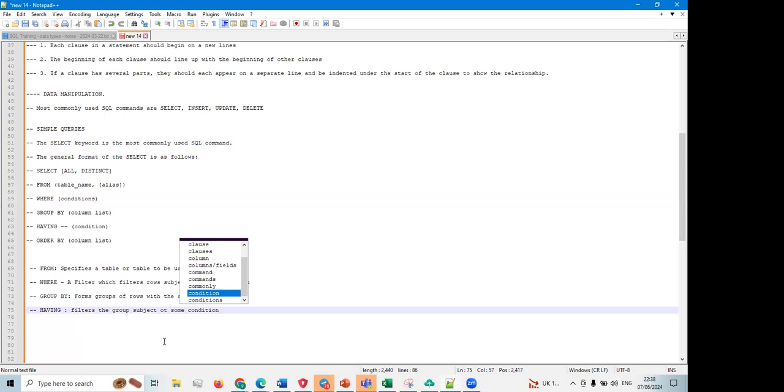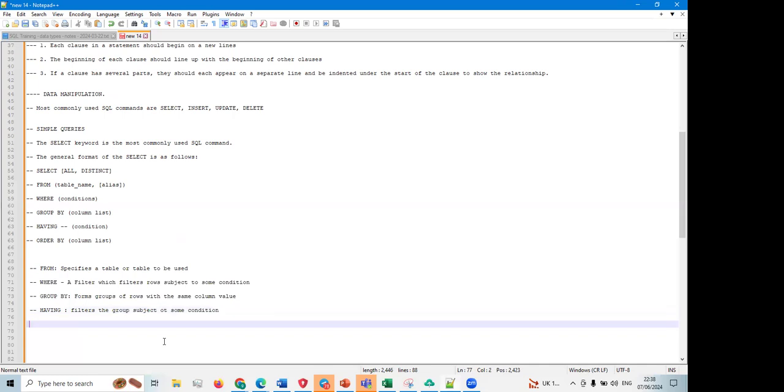And then order by. Order by. Now this specifies the order of the output. How do you want your output to look?